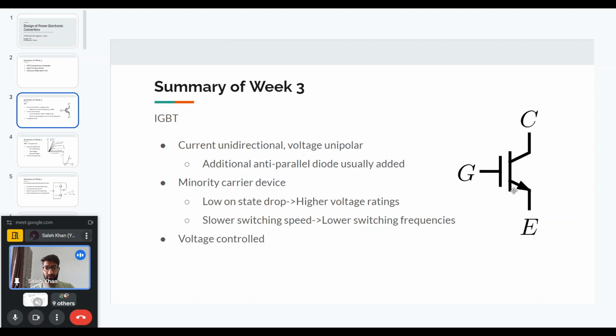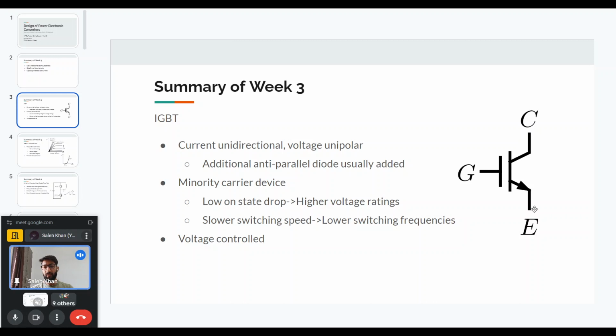So next, another difference compared to the MOSFET is that the IGBT is a minority carrier device. So what that does is there are more charges available in the semiconductor. So it leads to a lower on-state voltage drop. So when the IGBT is on and there is a current flowing, the voltage drop is lower compared to a same rating MOSFET.